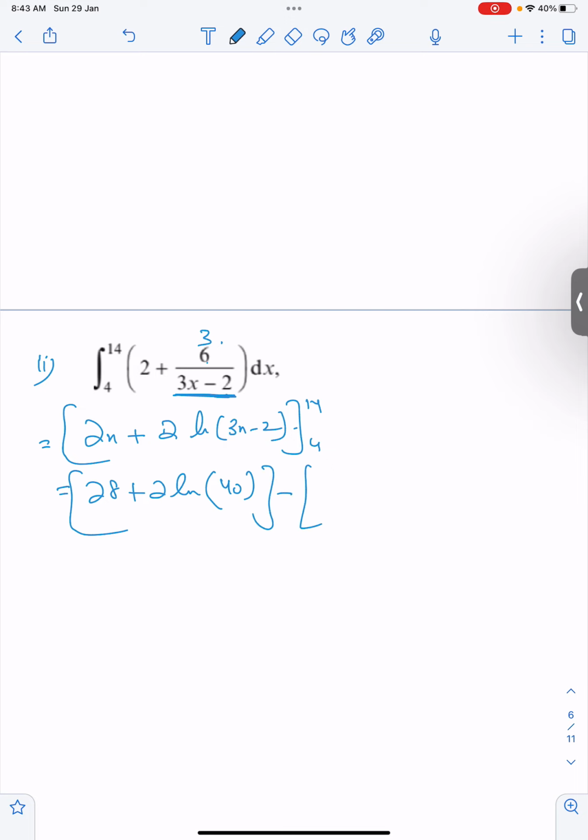Minus 2 into 4 is 8 plus 2 ln of 3 into 4, which is 12 minus 2 is 10. 28 minus 8 is 20 plus 2 ln 40 minus 2 ln 10.